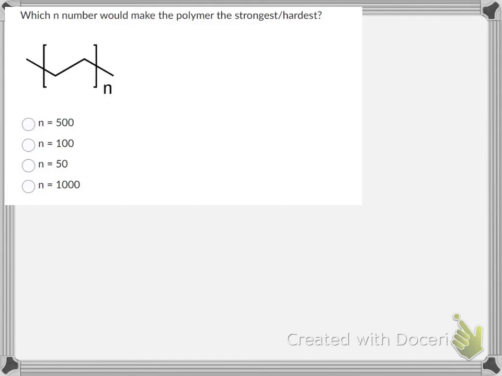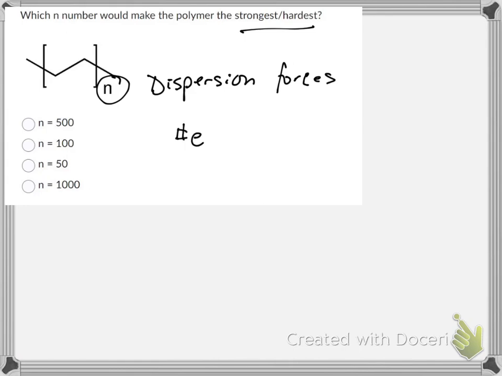All right, so that's at the side chain level. Let's take a look at the polymer chain level, like how long these polymers should be. When you look at this, our dispersion forces go with the total number of electrons and number of atoms. As that goes up, so do attractions.